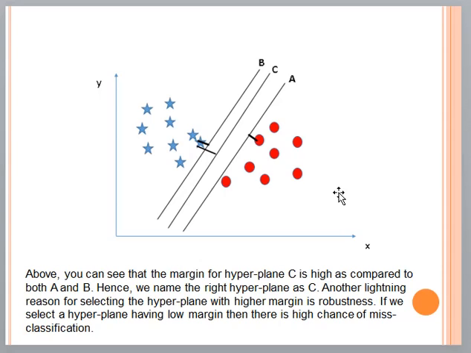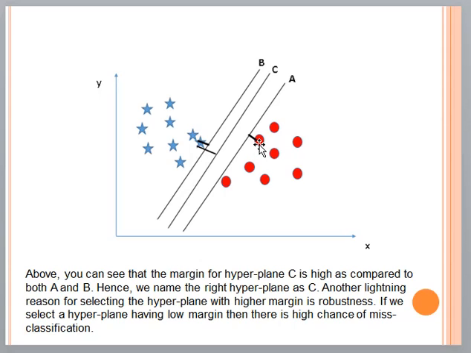Okay, so in this figure you can see the distance or margin, which I also explained in the previous slide. You can see that this black line here, this black line here, and this black line here is the margin or the distance of a data point from the hyperplane.